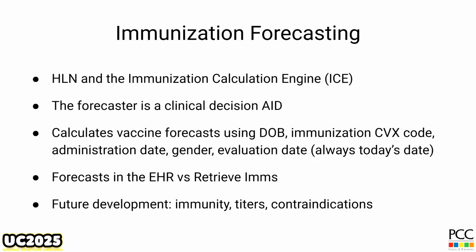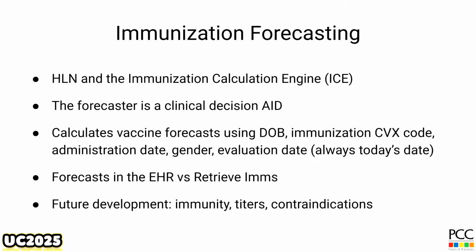It is not there to tell you exactly when to give and not give. It does work with the CVX codes in the patient's history, so it's important to make sure that the CVX codes in your immunization and disease tables are configured correctly, and that will help the forecaster help you even better.